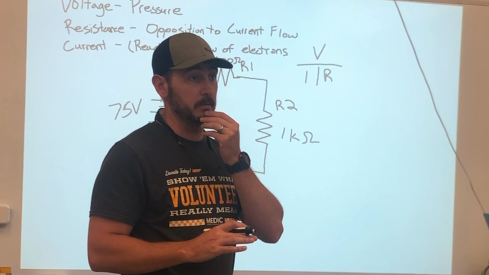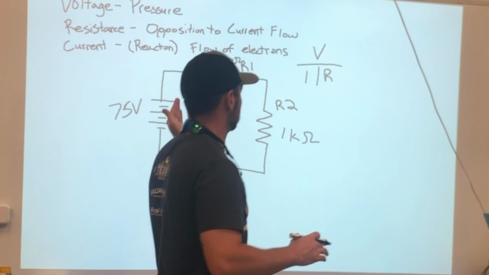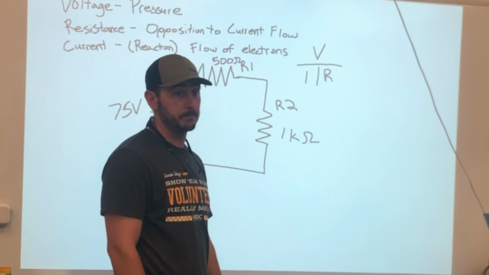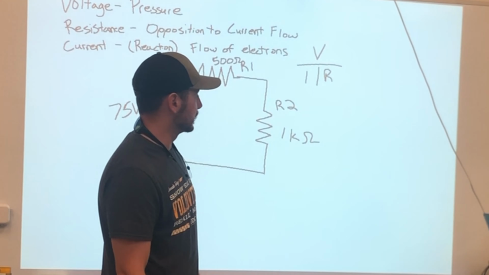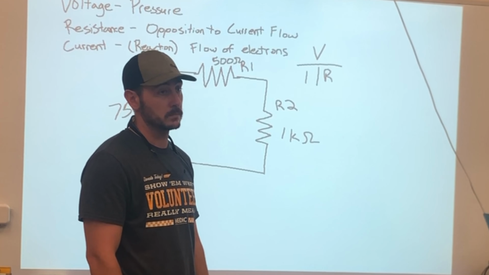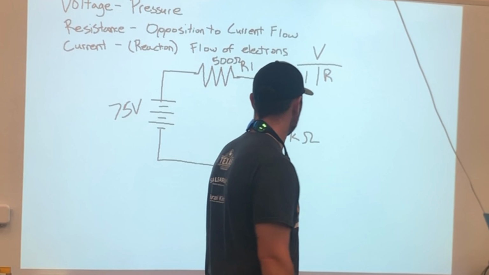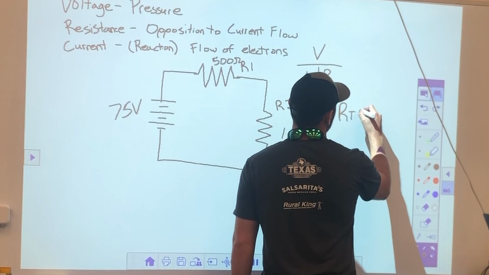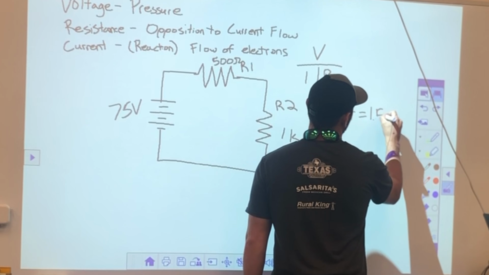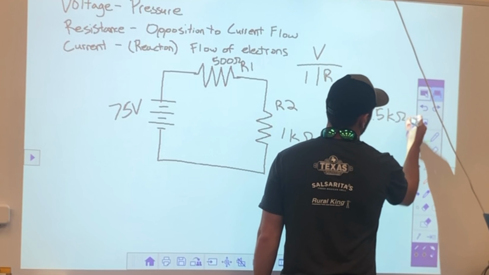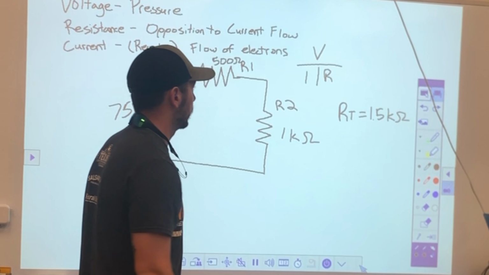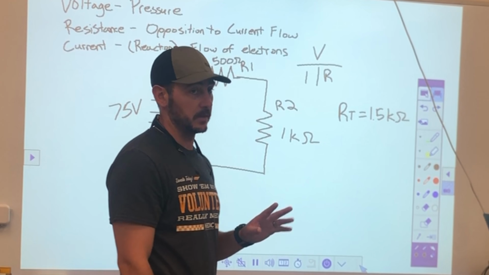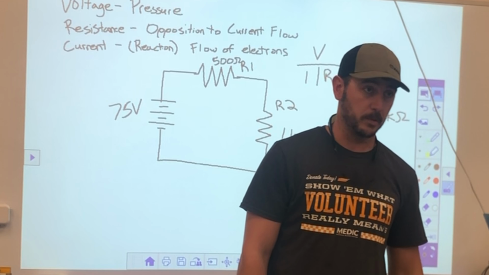You just add them together, okay? Because it has to go through both of them, right? So the total resistance is what? 1,500. So RT is 1.5K ohms.